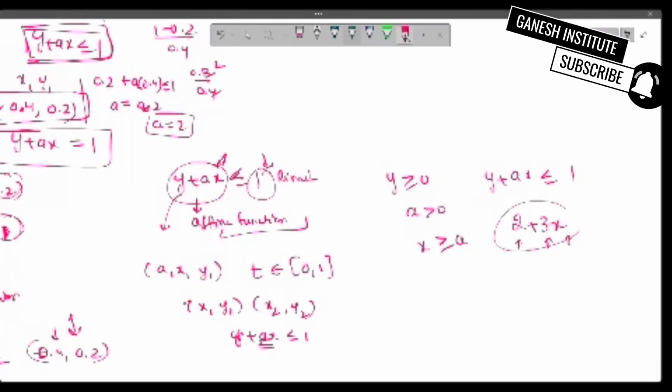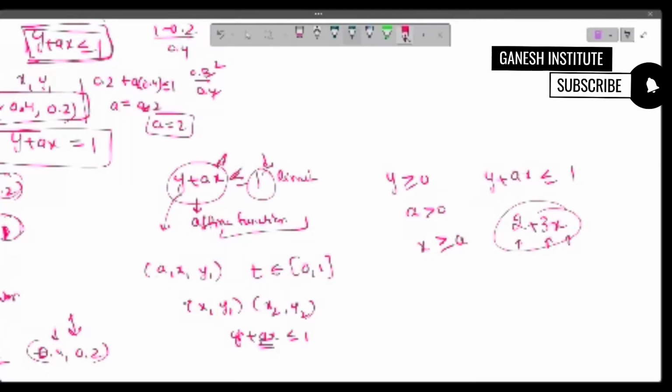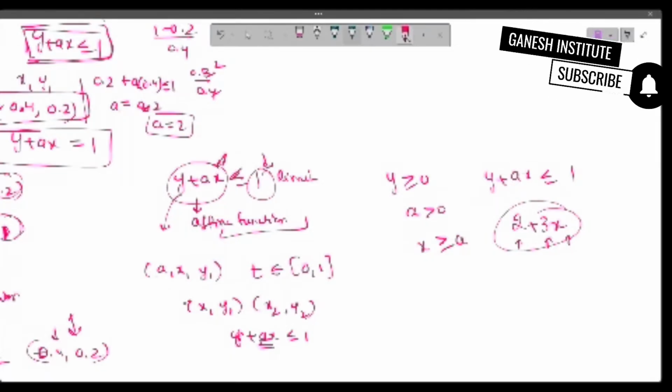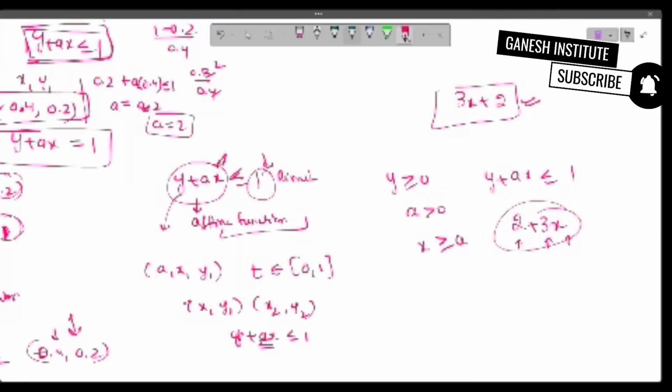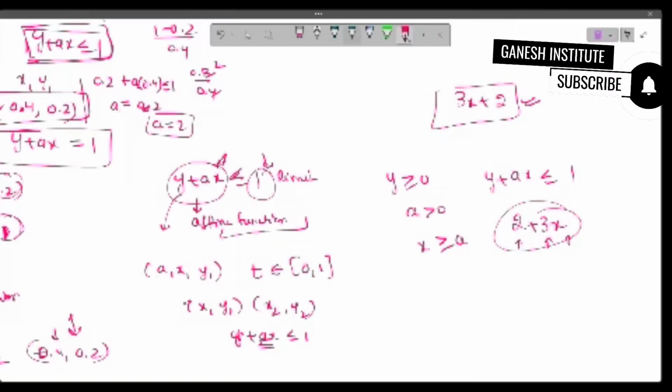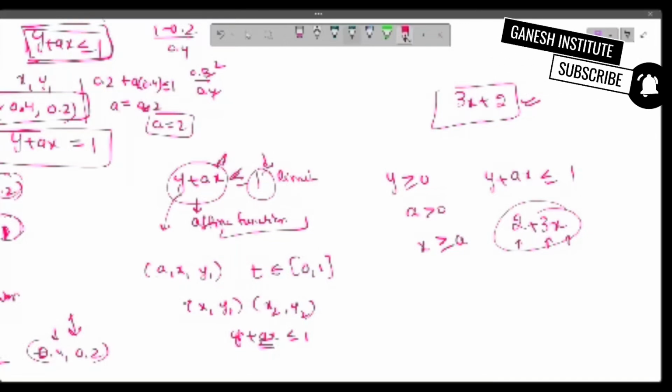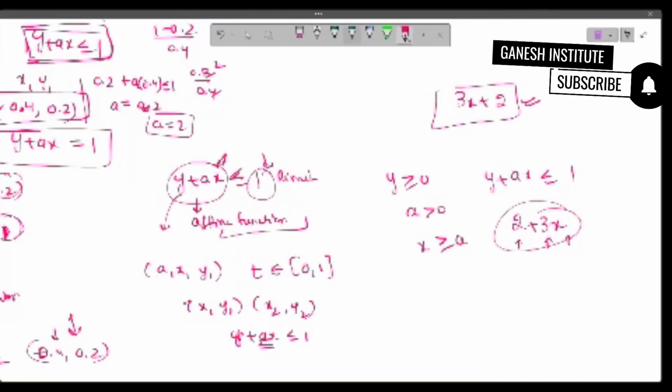But for that, it has to be less than 1. You consider any such, if you have 3x plus 2, for example, what do you think? Is it convex or concave? Ma'am, it's convex.